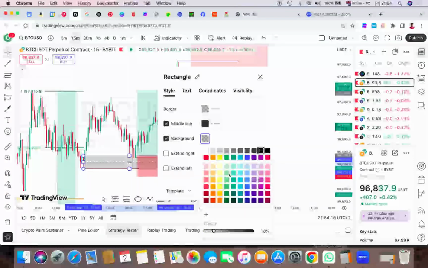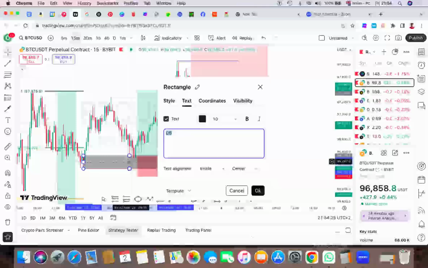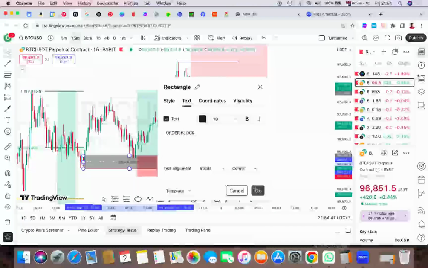Okay, black. Let's make this very visible and tight. So now you can see this is my OB, right? It's still the same thing, we're talking about order block. If I was to write the full sentence, I would say order block. Yeah, and this will change from being OB to being order block, right?